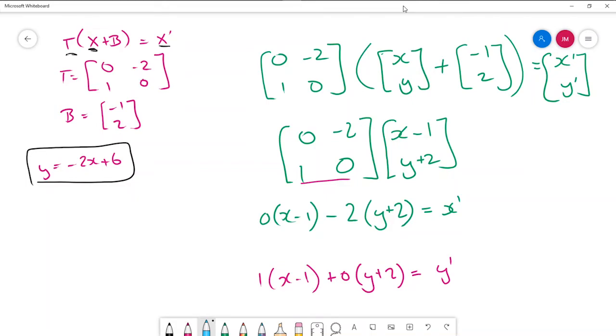If I tidy these up a bit, zeros cancel off. 0 times anything is going to be 0. So I have minus 2y minus 4 equals the image of x. And this would be x minus 1 equals the image of y.